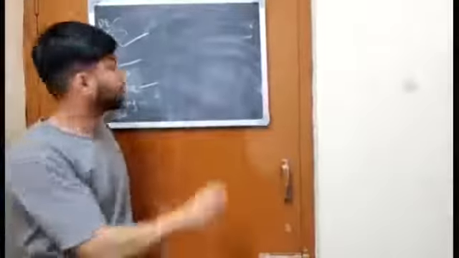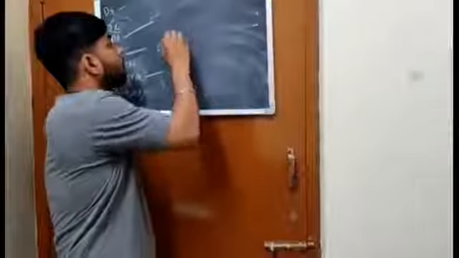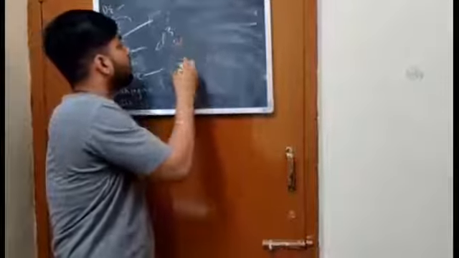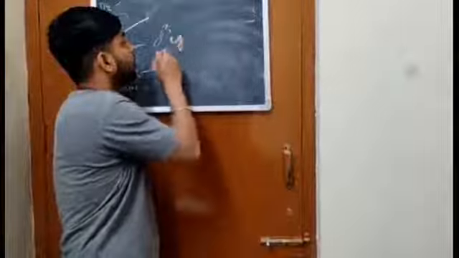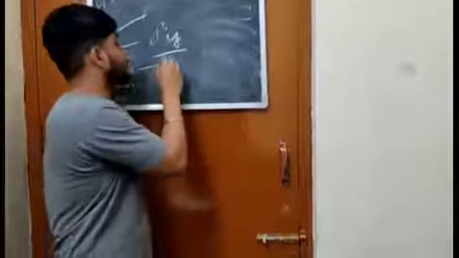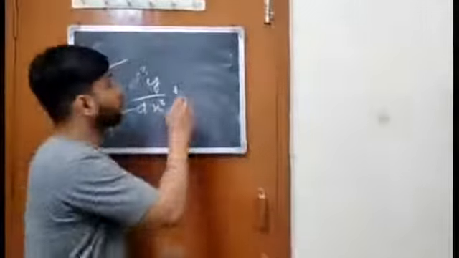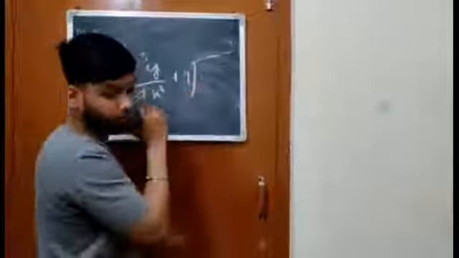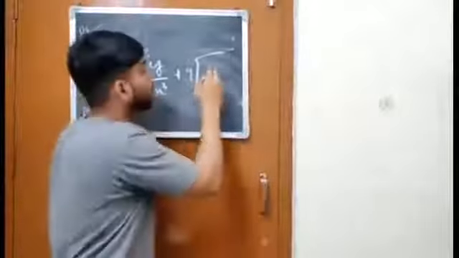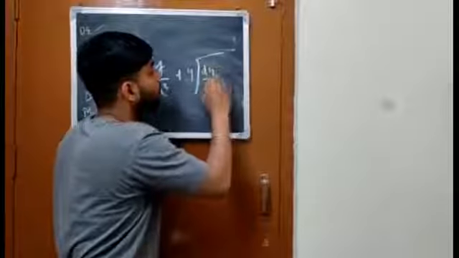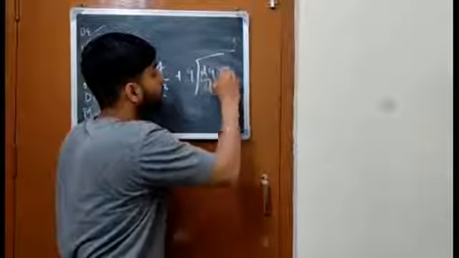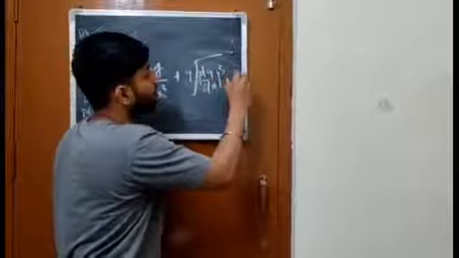Suppose a question: d cube y by dx cube plus 4 root of dy by dx plus 5.